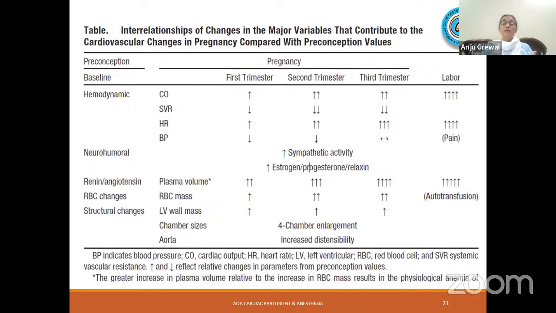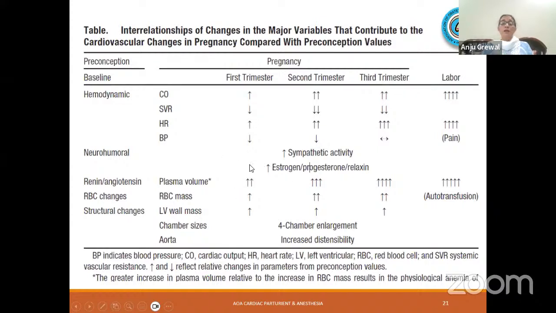I know there was an entire session on physiological changes of pregnancy taken by Dr. Akila, and it was a wonderful session. I'll just briefly touch the cardiovascular physiology, wherein we are all aware that the cardiac output starts to increase from the first trimester itself, very early on. This is basically driven by increased sympathetic activity and hormonal influences.